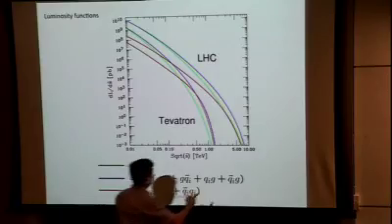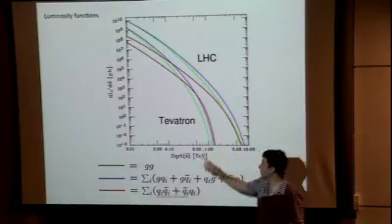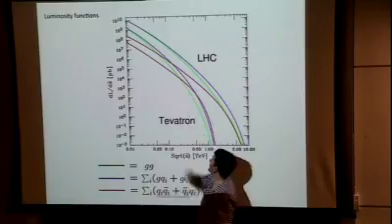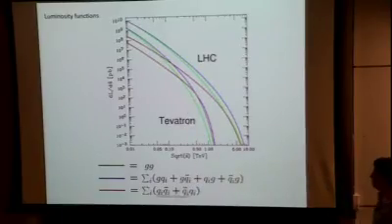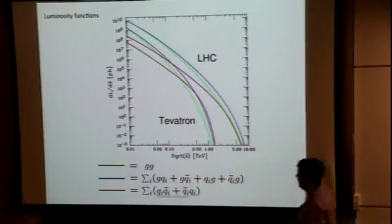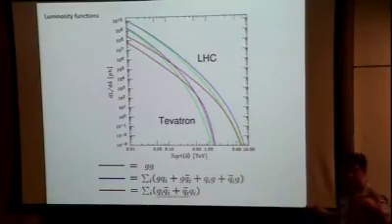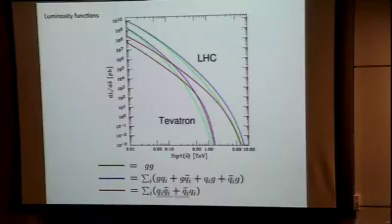So you can see at the Tevatron, the lines cross here. Where the gluon and the quarks cross, at around half a TeV, that means at a very large invariant mass, close to the machine energy, right? That means the x's have to be close to 1, so you're looking for something that carries an order 1 fraction of the proton momentum.